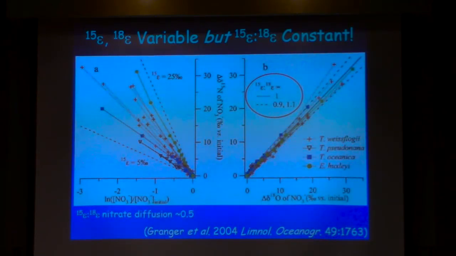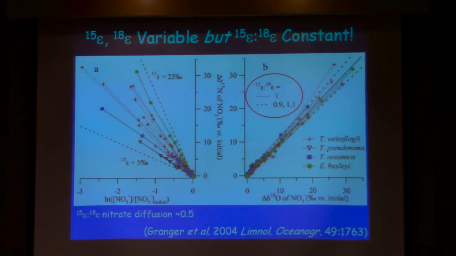Well, we can look at, well, we can't, but we can sort of wave our arms and say, well, what would you anticipate the nitrogen isotope fractionation versus oxygen isotope fractionation difference be in terms of nitrate diffusion? And it's difficult to get away from any kind of calculation that is greater than about 0.5. So it's probably not diffusion that's a controlling factor on this relationship.